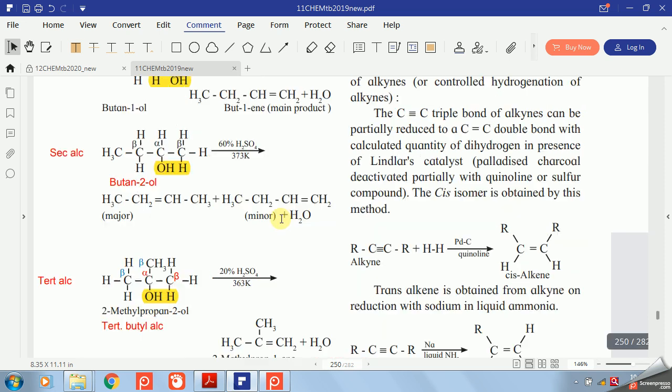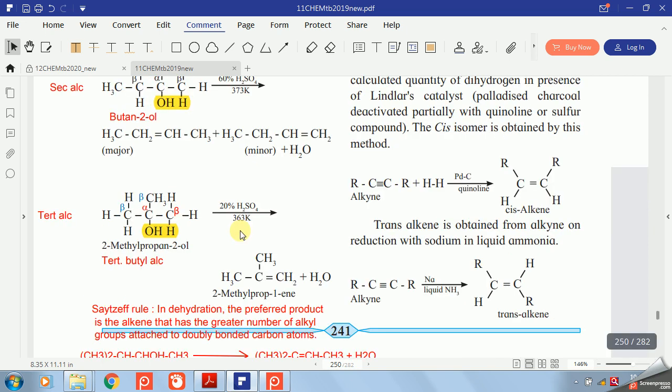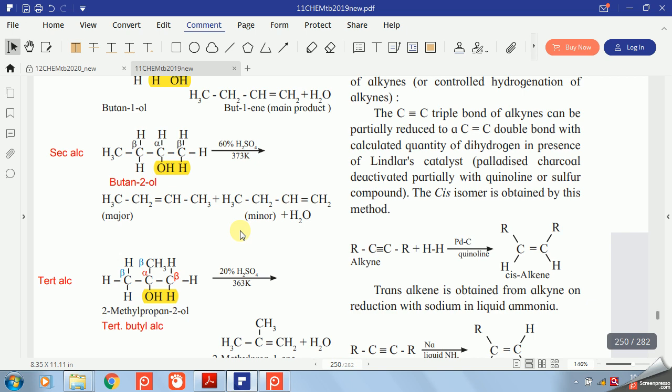So one important thing that we must be familiar with: secondary alcohol, we go towards that. So what is that? Here there are 2 beta carbons.